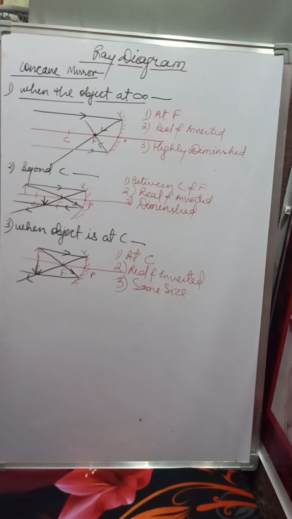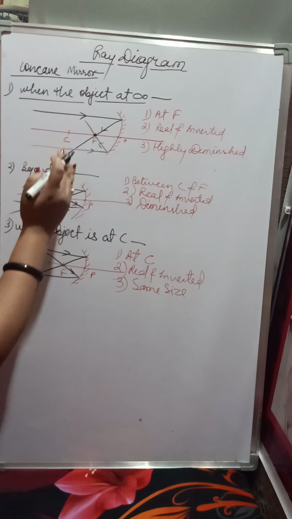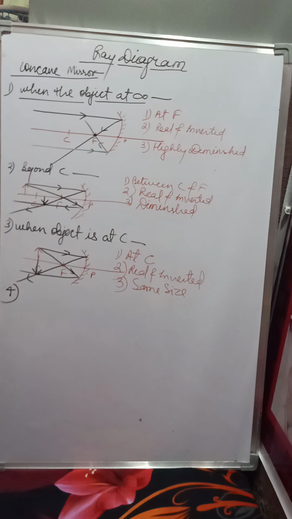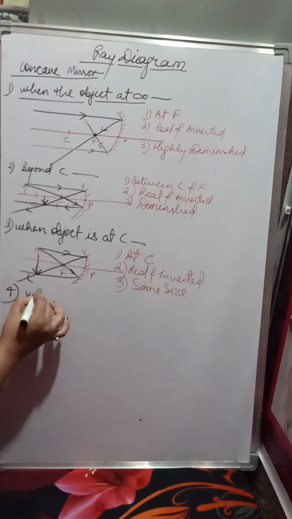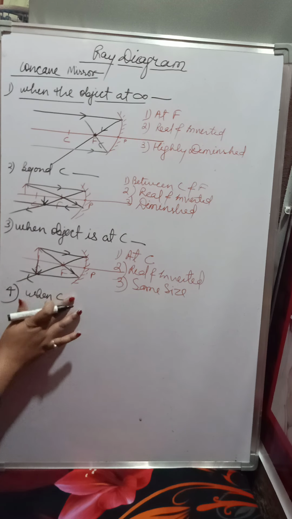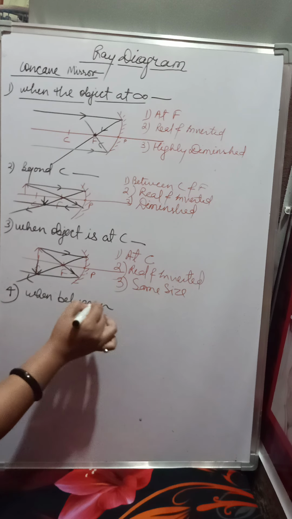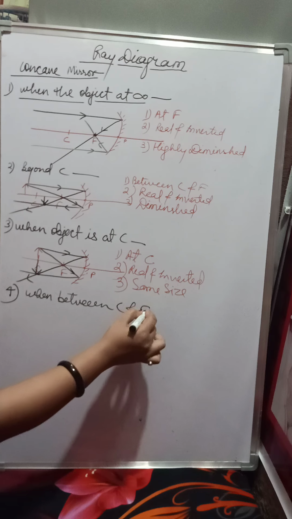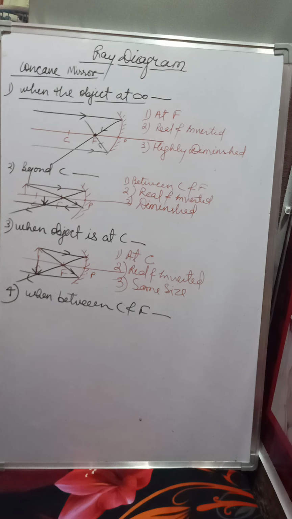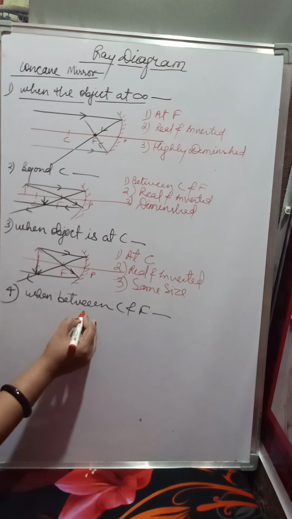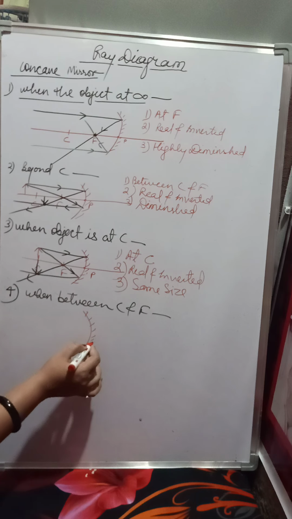Now the fourth condition. The object is moving towards the mirror, so its image is moving away from the mirror. When the object is between C and F, between center of curvature and focus. This is the converse of the second point.